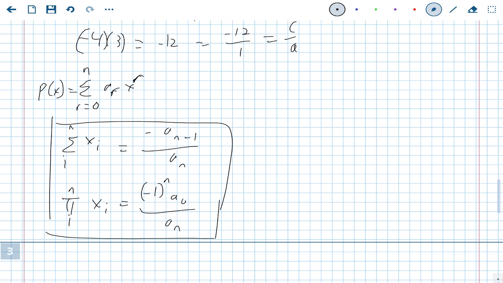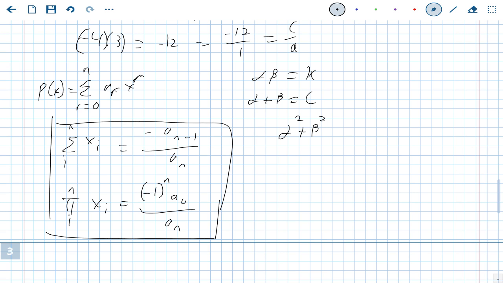Something that they will ask you is, given a certain quadratic with roots alpha and beta, where alpha beta is equal to some value k and alpha plus beta is equal to some value c, what's the value of alpha plus beta, alpha squared plus beta squared?